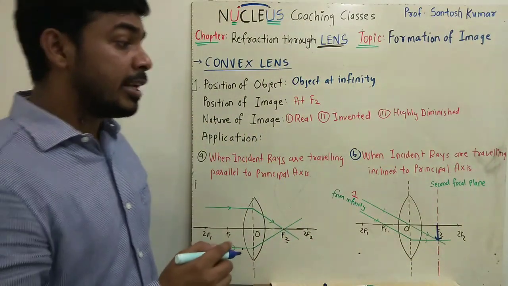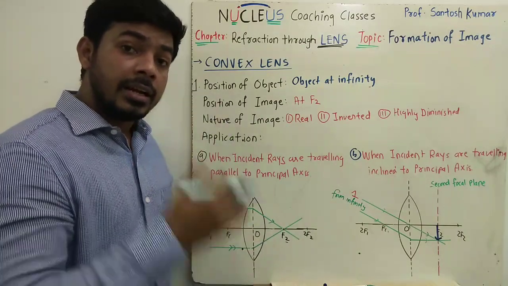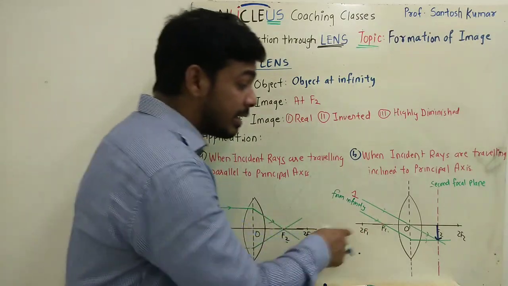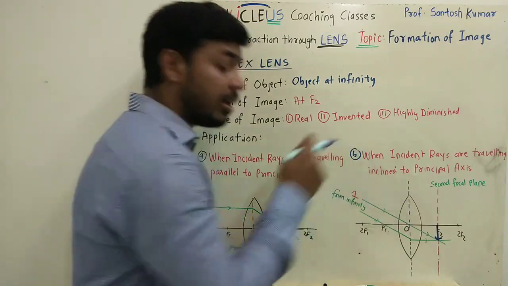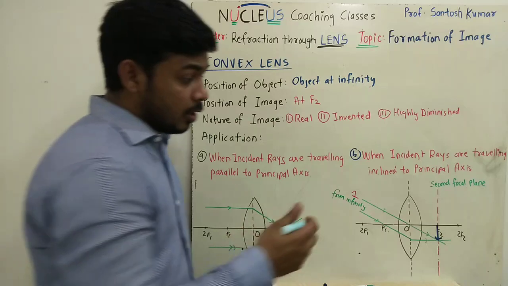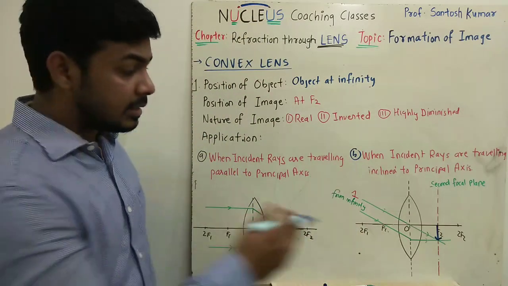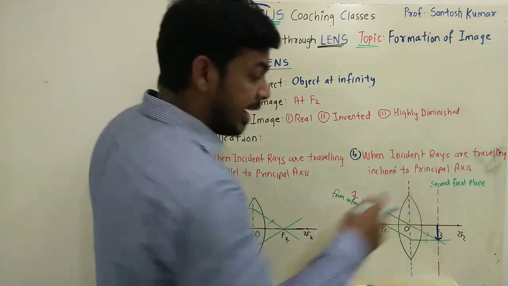If you remember the definition of the second focal plane, it is a plane where the rays traveling parallel to each other but inclined to the principal axis, after refraction through the lens, meet at a point, right? So we can say if the parallel rays are traveling inclined to the principal axis, after refraction they are meeting at a point.